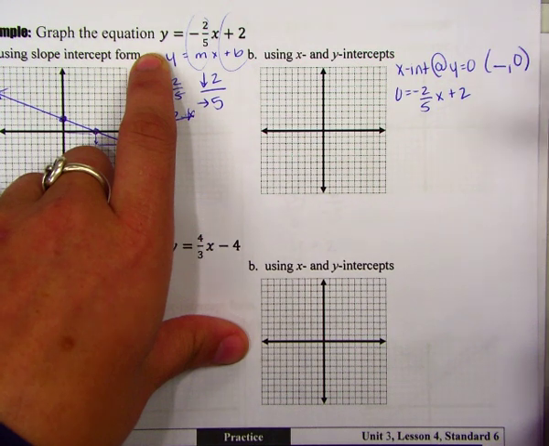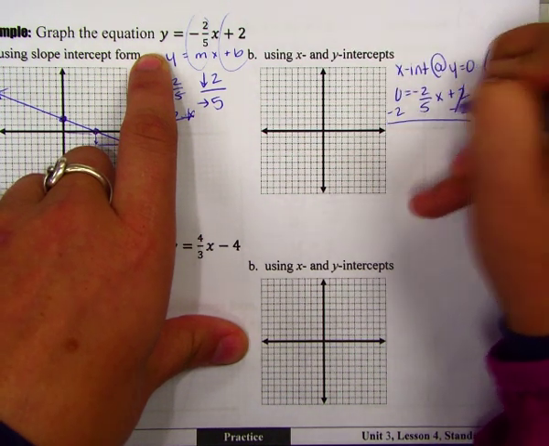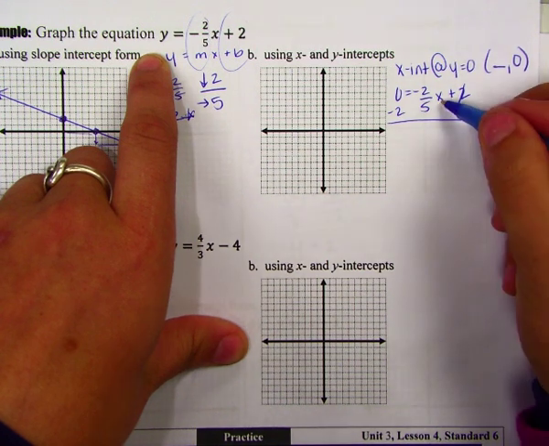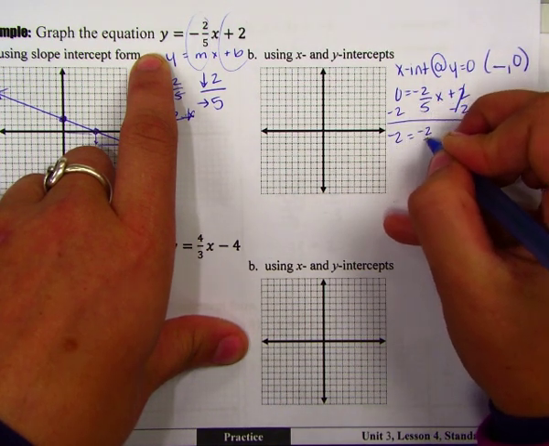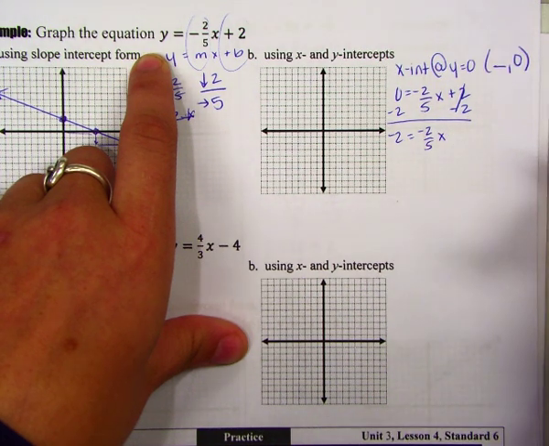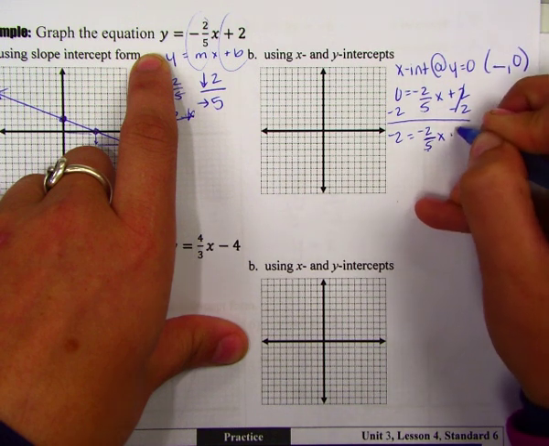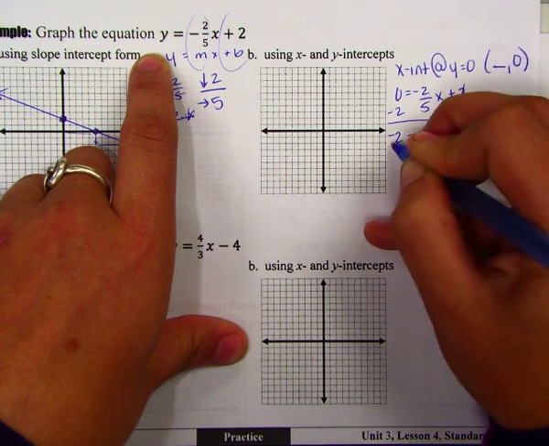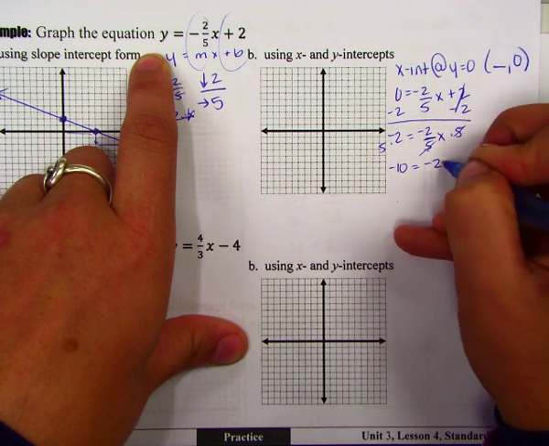Now the way to do this is your first move is you actually still need to subtract the constant, because we got to get the variable by itself. Negative 2 equals negative 2/5 x. There's a couple ways for you to do this. However, what I want to do is I want to get rid of the 5. So I'm going to multiply both sides by 5. This becomes negative 10 equals negative 2x.